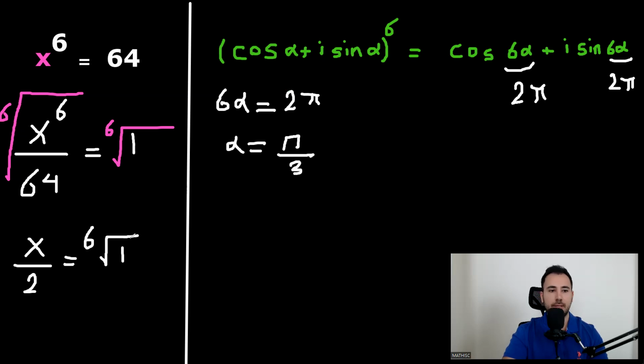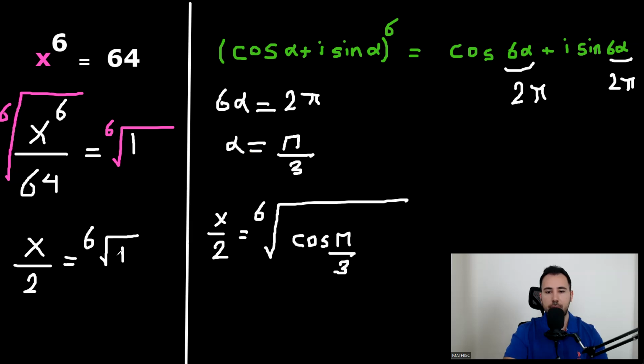Okay. So let's go. Instead of 1, I'm going to go and write it. X over 2 would be the 6th root of cosine pi over 3 plus i sine pi over 3.